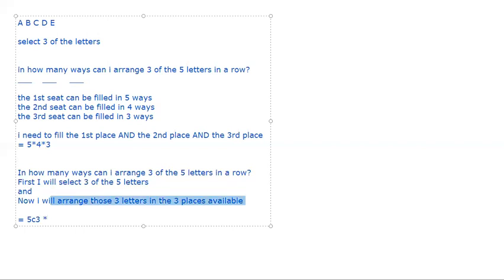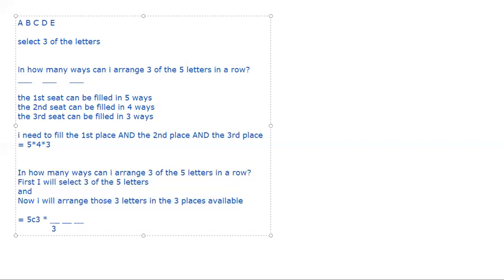Now what will I do? I will arrange 3 letters in those 3 places. So the first place can be filled in 3 ways, because there are only 3 letters now. There are not 5 letters, right? 3 letters. And the next place in 2 ways, and the last place in 1 way. Correct? Till here it is fine.